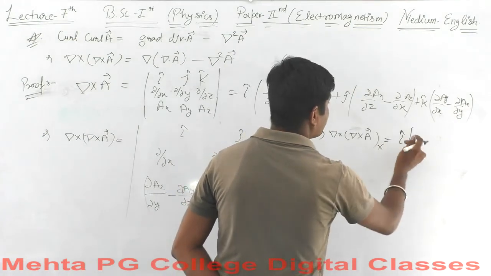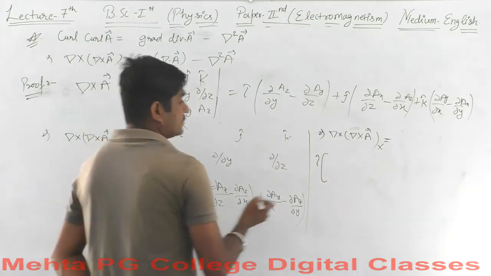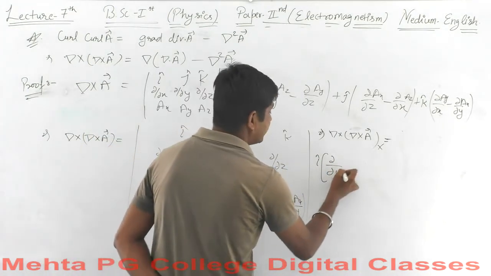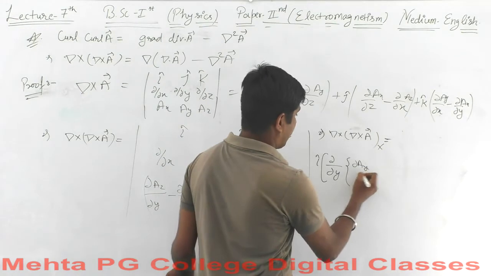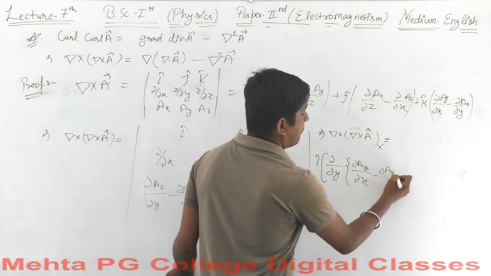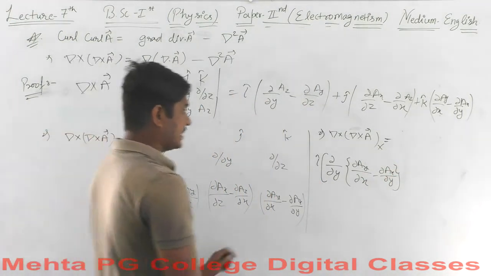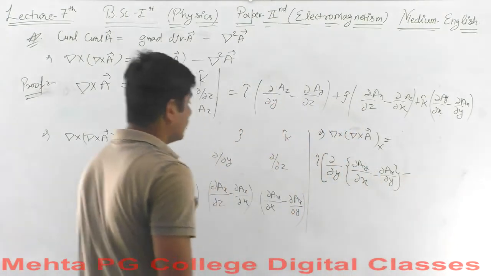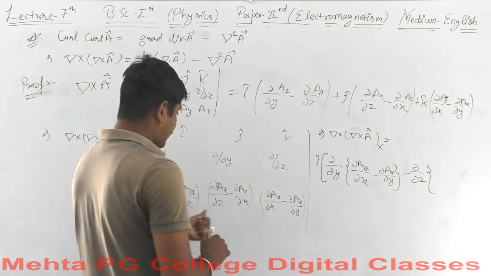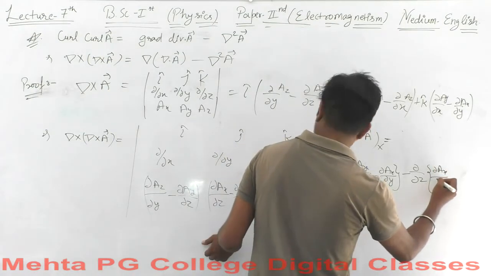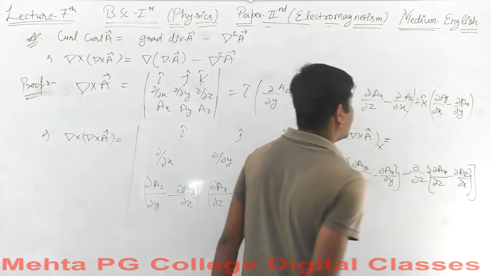For i cap it will be ∂/∂y for ∂Ay/∂x minus ∂Ax/∂y, again minus ∂/∂z for ∂Ax/∂z minus ∂Az/∂x.